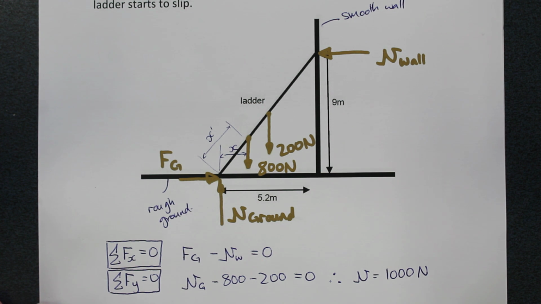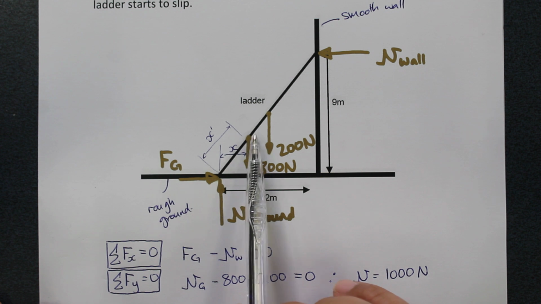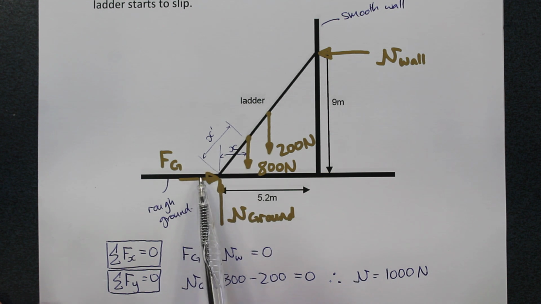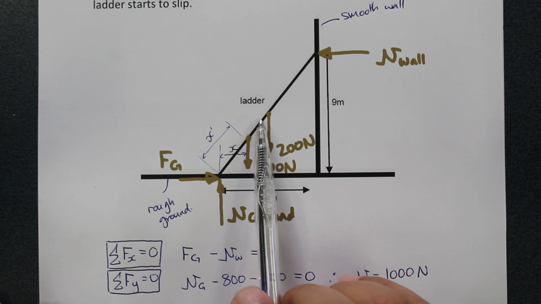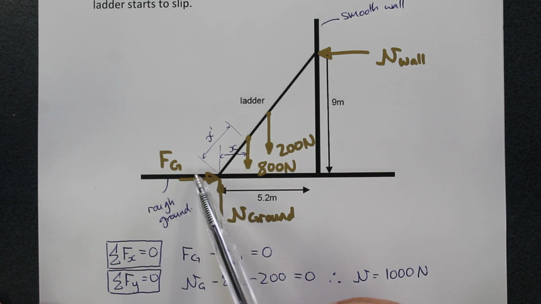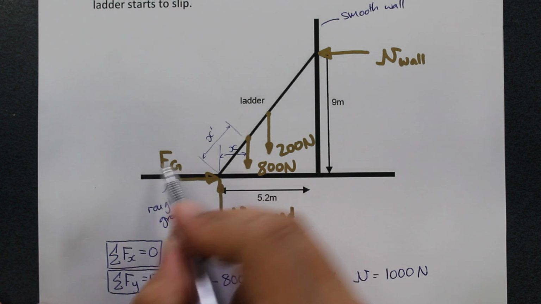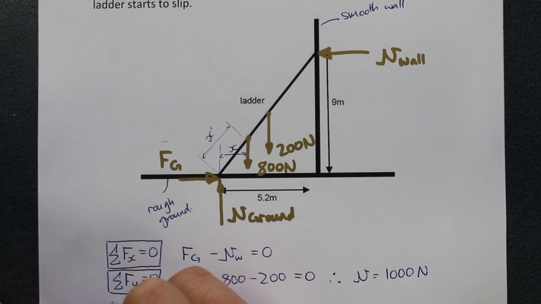A couple more things here. We want the person to go up the ladder to a position where the friction force is at a maximum value. If the person goes any further up the ladder, then the ladder slips. So we know that Fg is going to be at its maximum value.